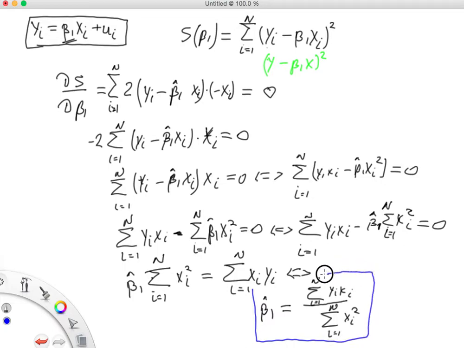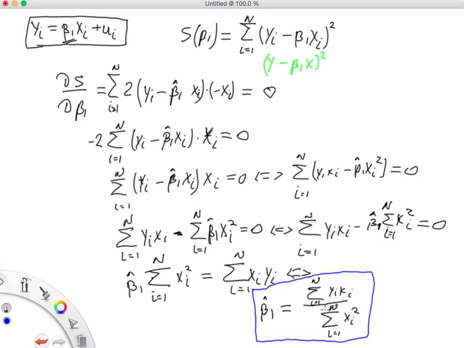This is also called the least squares estimate of the slope coefficient beta 1. That's the answer. So if you have the data, you can plug in the data and run this in Excel, and you get a beta 1 hat for any data, so long as it has more than 30 data points.